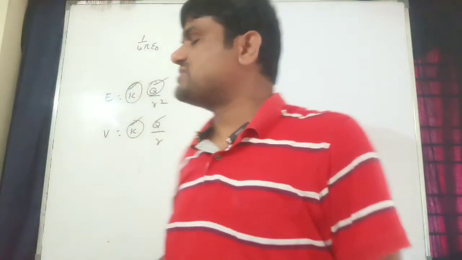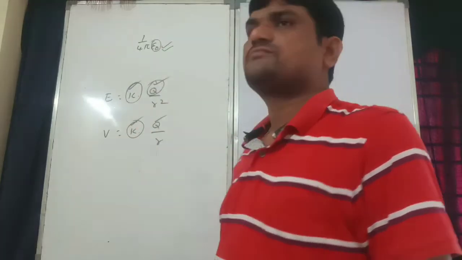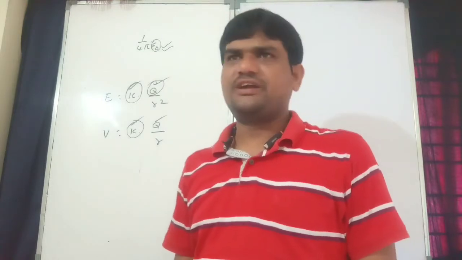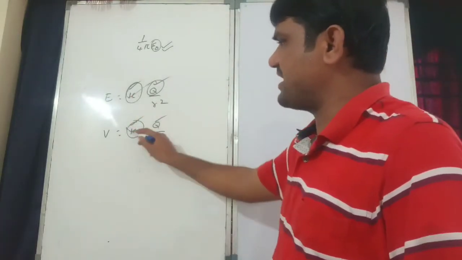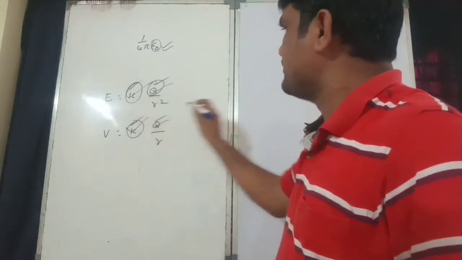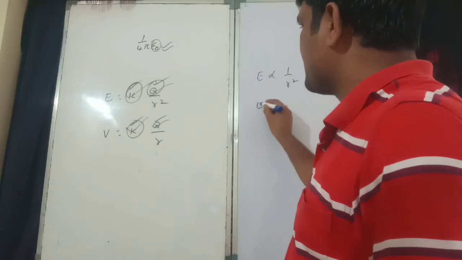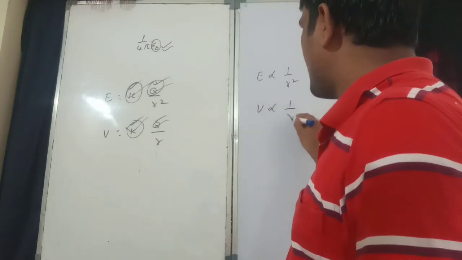That means it depends on epsilon naught, the medium also. But generally we will consider air medium only, so no problem. So K is constant, Q is constant, that means E is proportional to 1 by R square, and V is proportional to 1 by R.